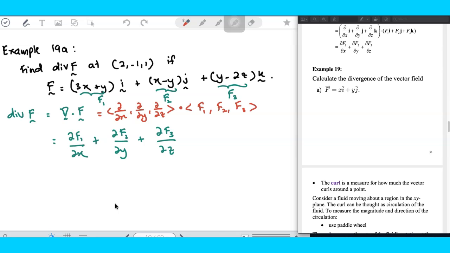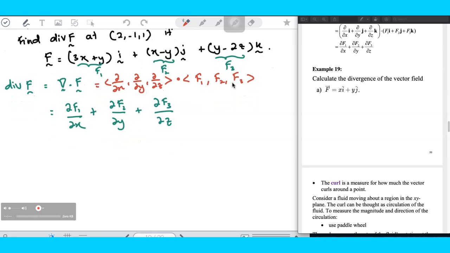When you apply the dot product, we have del x of f1, plus del y of f2, and the third term del z of f3. So each component here needs to be differentiated: this one with respect to x, this one with respect to y, and this one with respect to z.